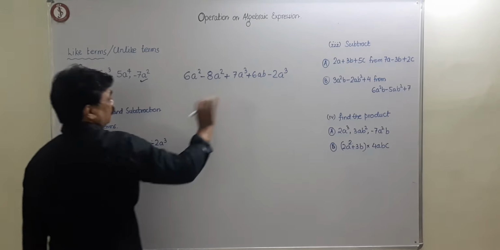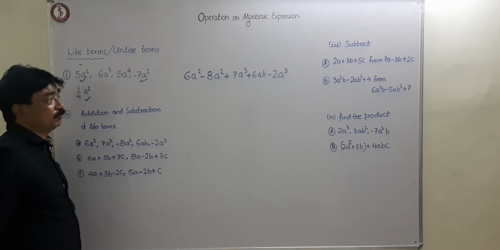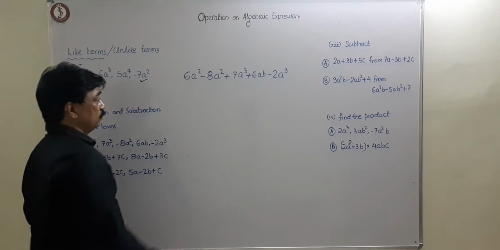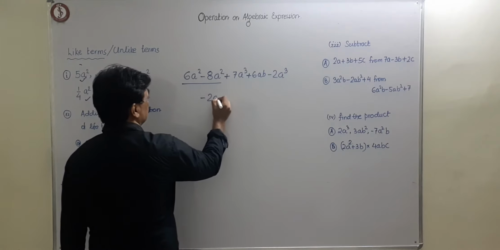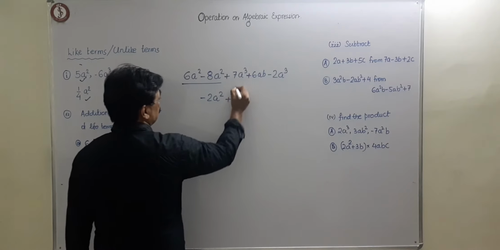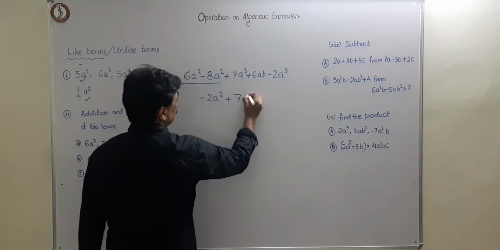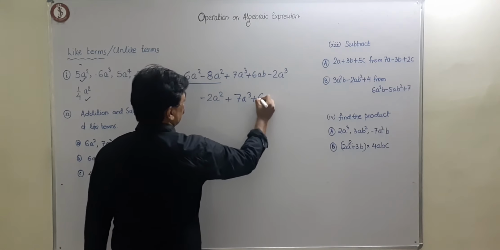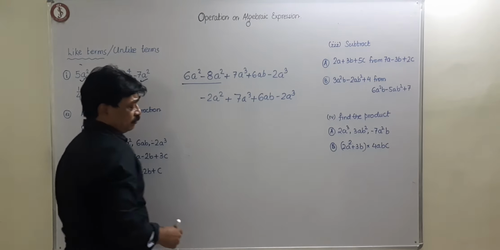Now we will check with the sign I have copied, and if we have to add and nothing is there, then you put plus in between. Now 6a square and minus 8a square, if you add you will get minus 2a square. Plus nothing, now this does not have any like term, so it will remain like this. This does not have any like term either, so it will remain like this. So this is the final answer.